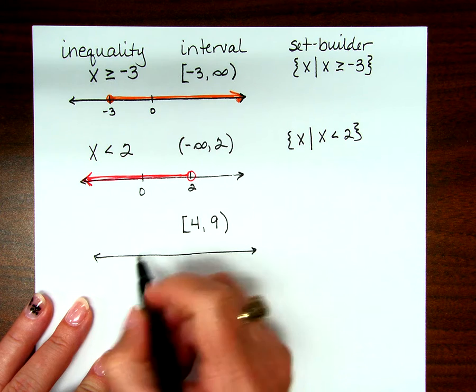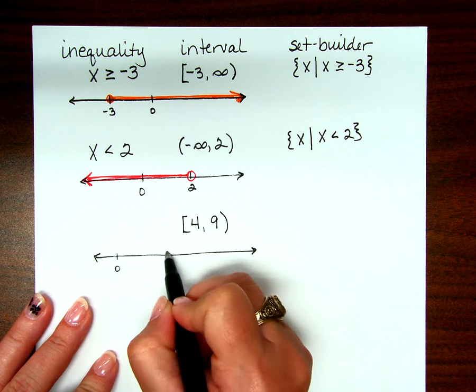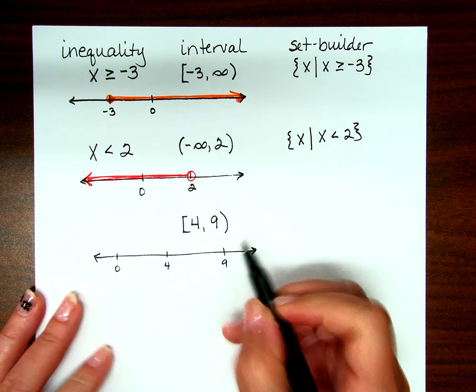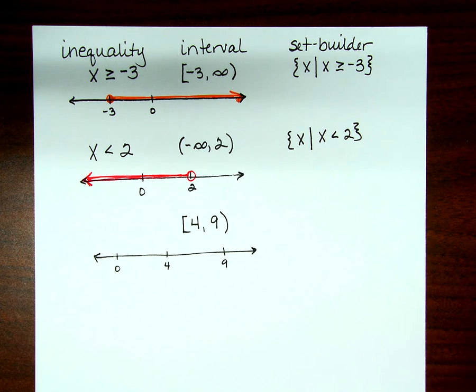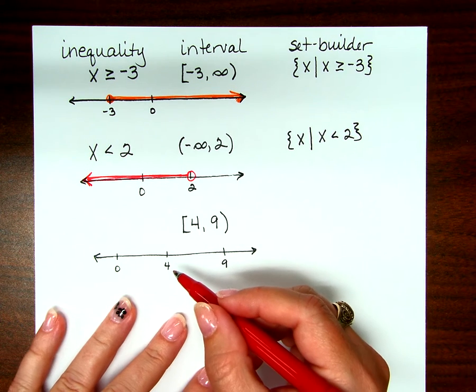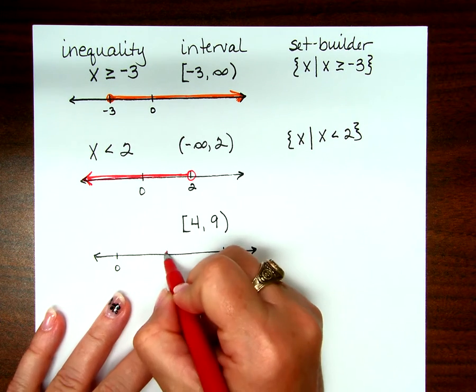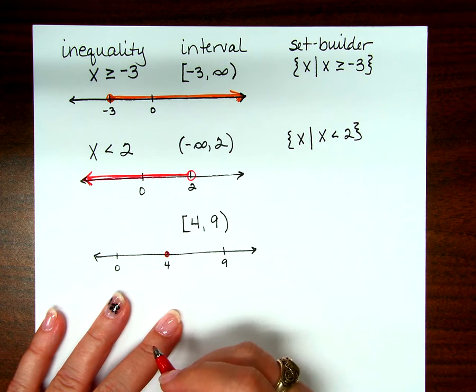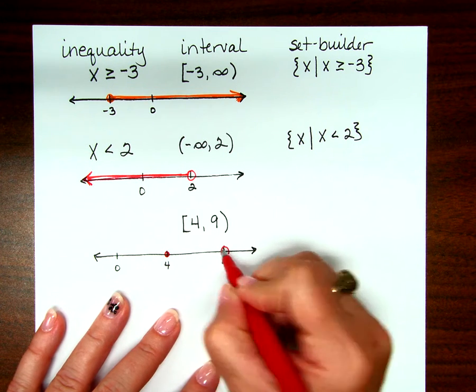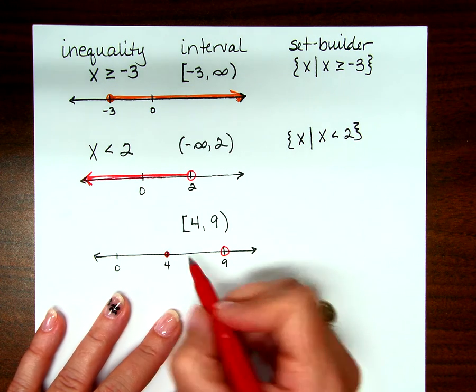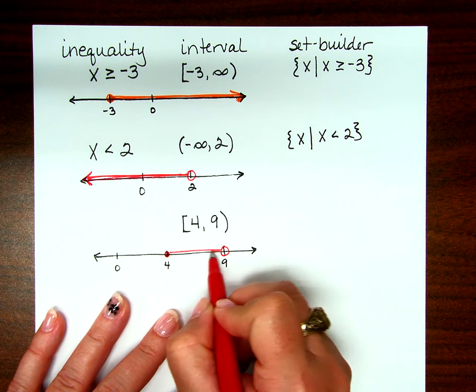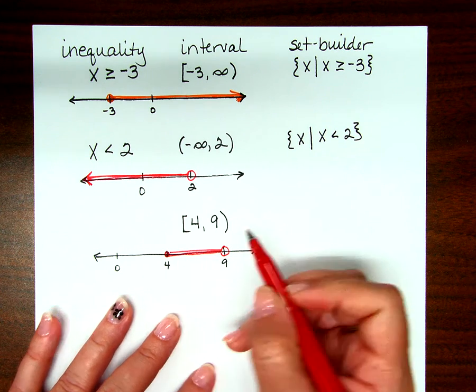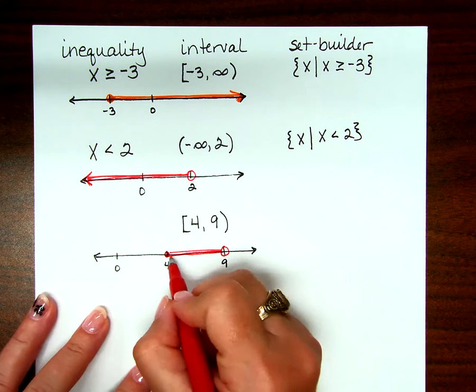What's the number line look like? Closed circle at 4. Ooh, open circle at 9. Okay. And then in between it, right? And I'm going to have to work harder to try to trick you guys, huh?